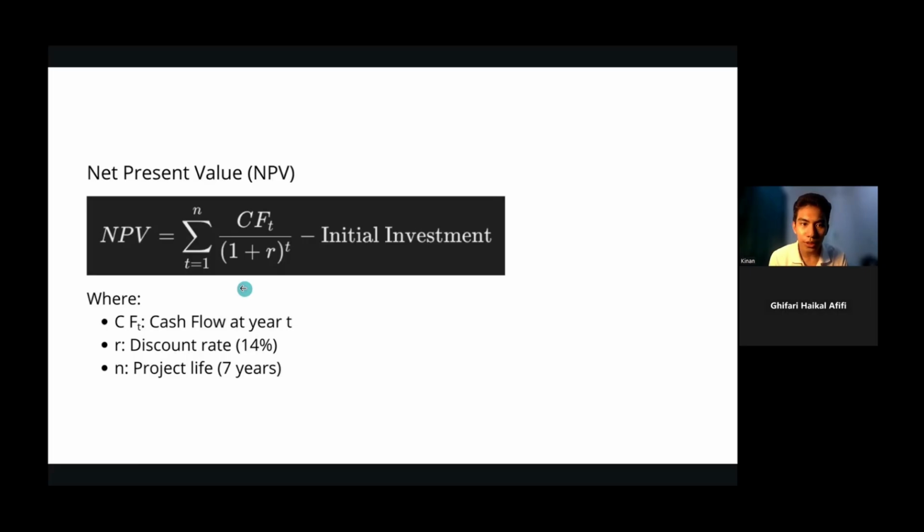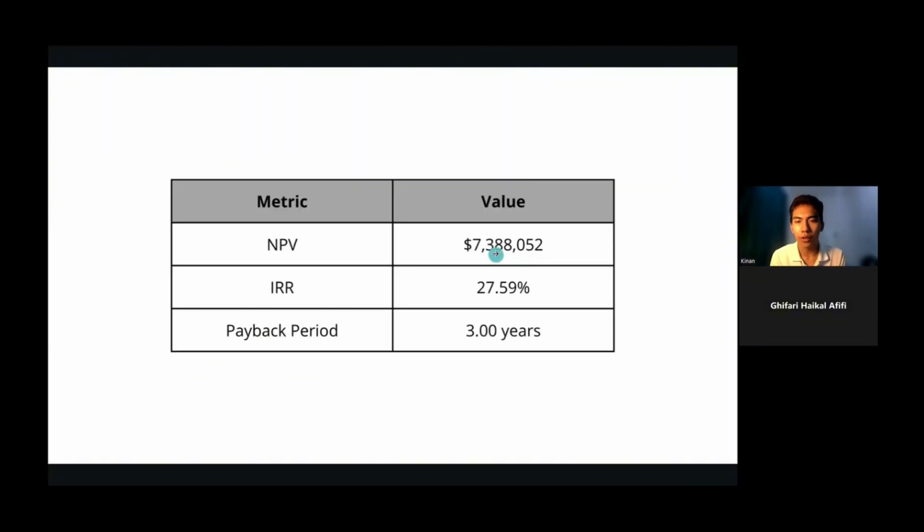So the result is a positive NPV of $7.39 million, which is shown here. I rounded it to 7.39, but the true number is $7,388,052.